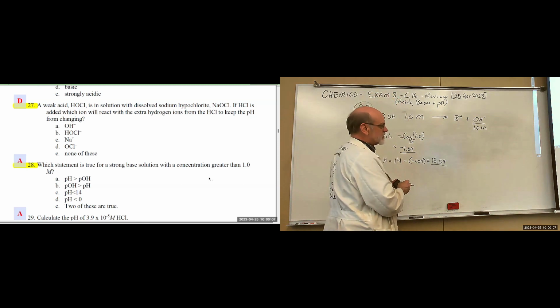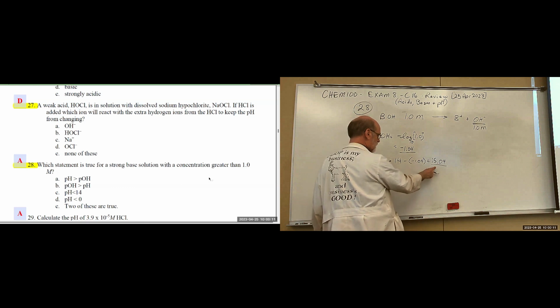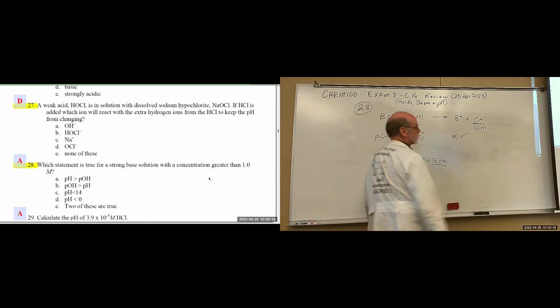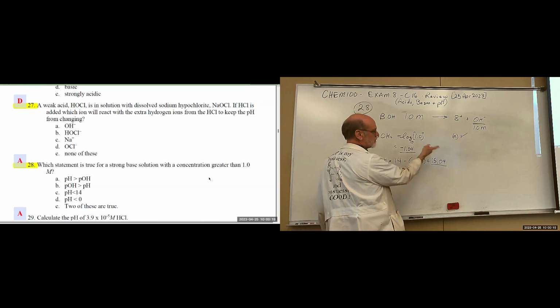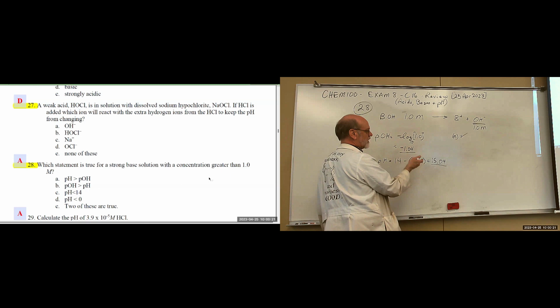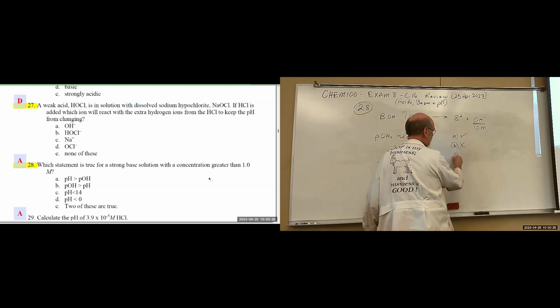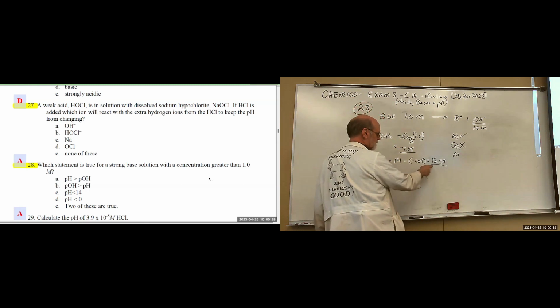Okay, so pH is greater than pOH. A, that's true. pOH is greater than pH? Well, it can't be both ways. It's either one or the other, right? So B is false. How about C? pH is less than 14.